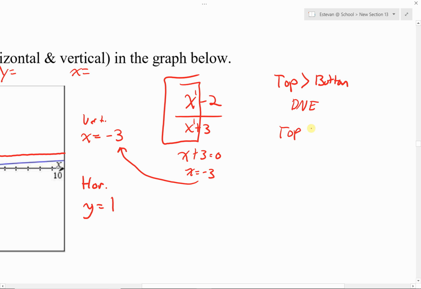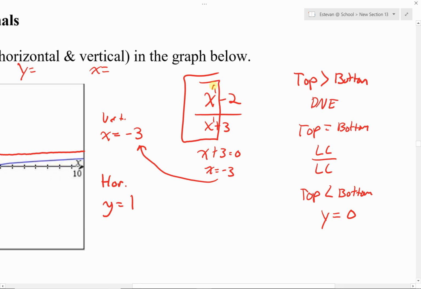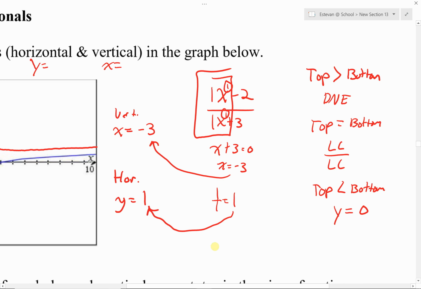If your top is equal to your bottom, we do leading coefficient over leading coefficient. And if the top is less than the bottom, that means y will always equal 0. Here, since they are the same degree, we look at the coefficients. The leading coefficient is 1 and the leading coefficient is 1. So what is 1 over 1? That is equal to 1. Hence, that is the horizontal asymptote.